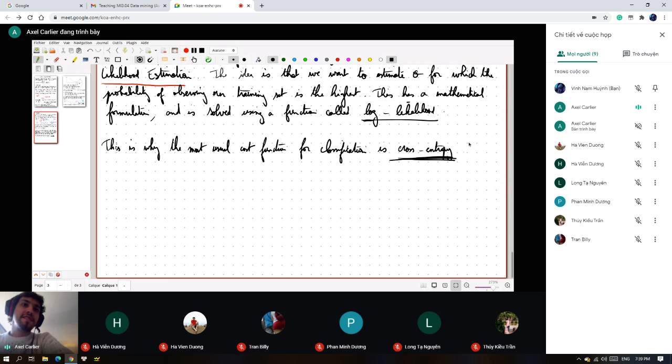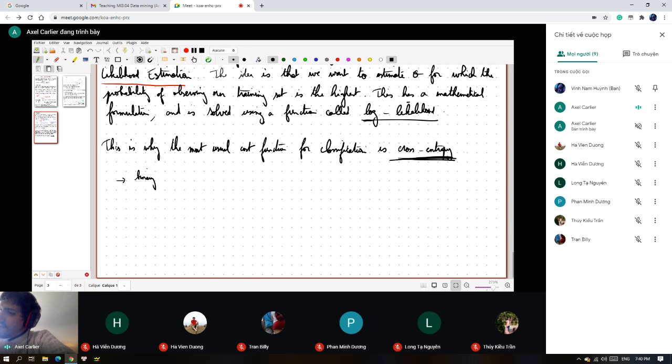So you should always start with cross entropy, and later, if you have problems, maybe you can think of changing the cost function. Okay. In fact, there are two versions of cross entropy, so I will introduce you to both. The first version is for binary classification, and it's called binary cross entropy. Okay, and then you have a multi-class cross entropy.